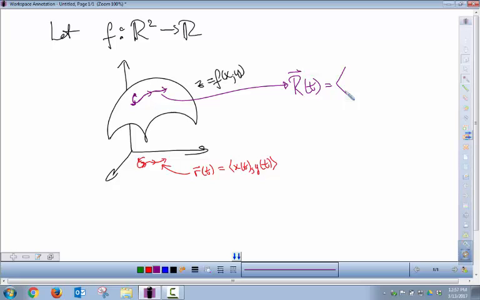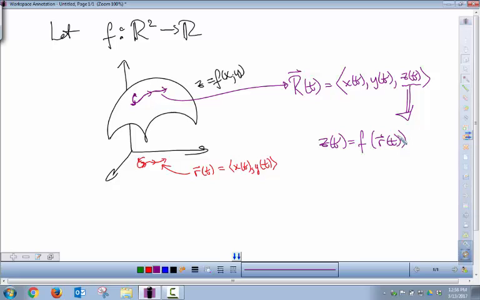I'm now in space, so I'll have 3 components: x of t, y of t, and then... Wait. Yeah, what does that equal? Somebody was saying it. f of x of t, y of t, right?